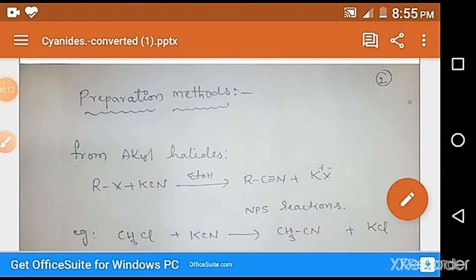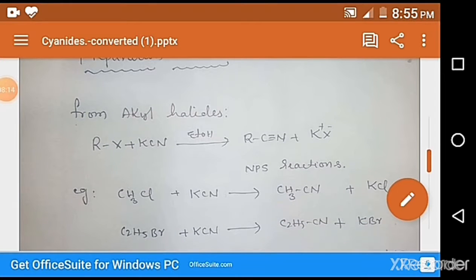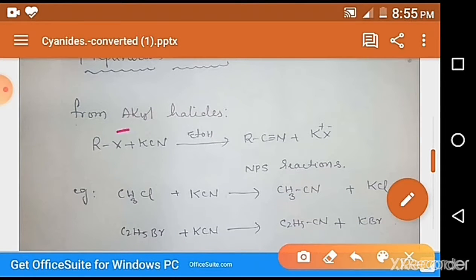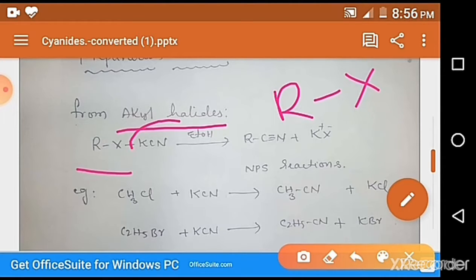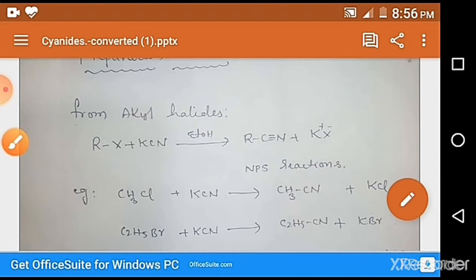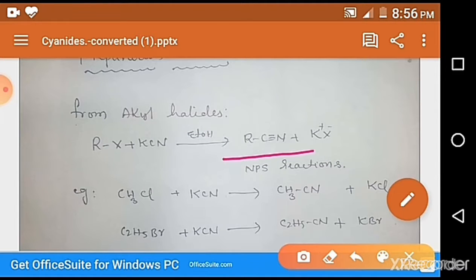The first method is from alkyl halides, RX. When these alkyl halides react with KCN, potassium cyanide, or sodium cyanide, they give alkyl cyanides, RCN.